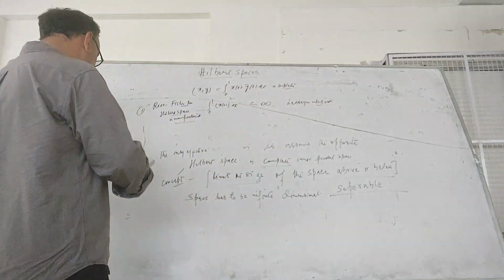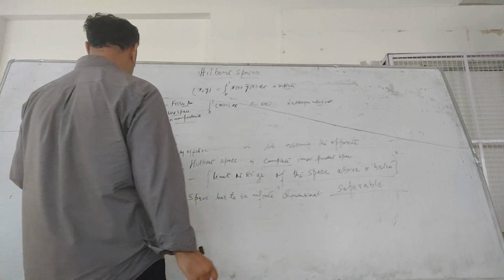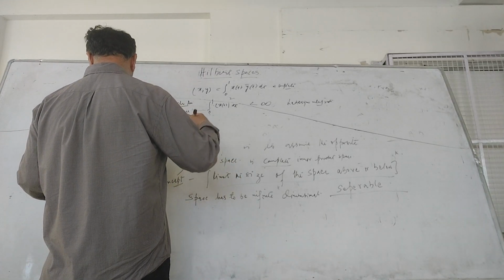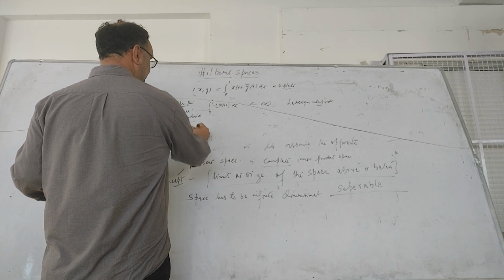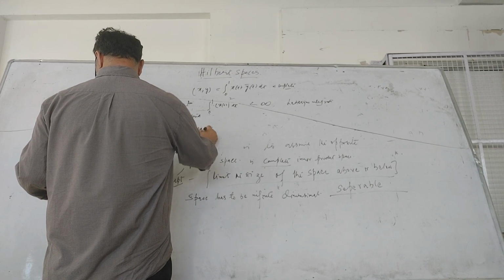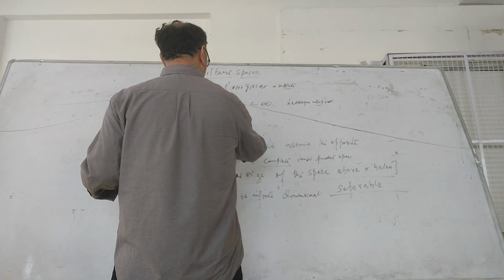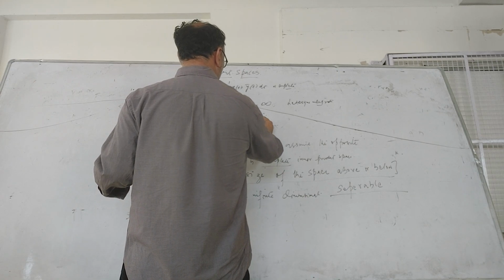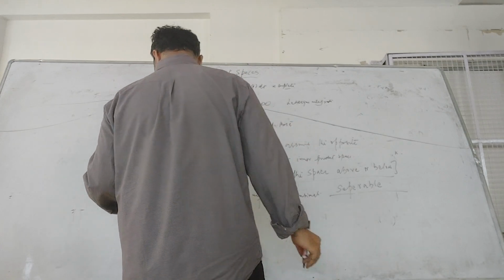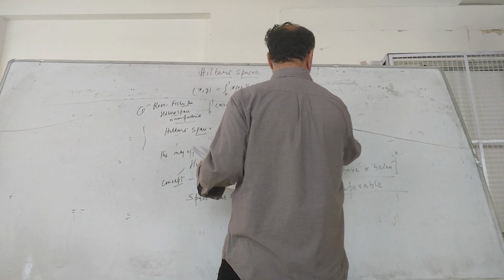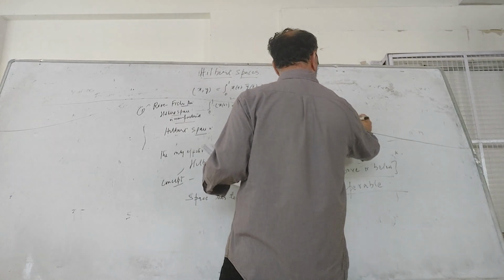Another popular definition is that it's a finite dimensional coordinates, the space of all sequences. So Hilbert space is the space of all those sequences zeta n of numbers.